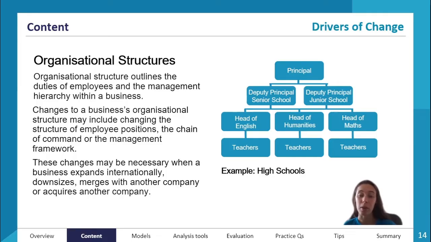You've got heads of departments, and then you've got teachers. And then you can extend that further down below, and you can also think your principal has a boss as well. So it does actually extend beyond that too. Every organization is going to have some kind of hierarchy like this.